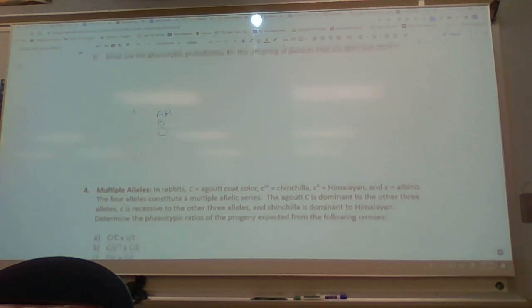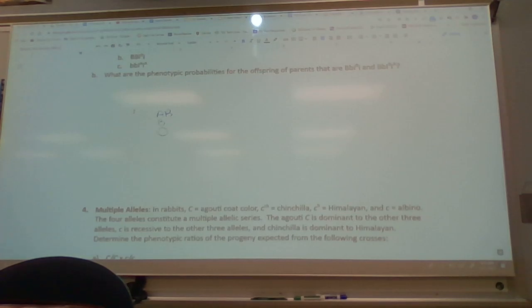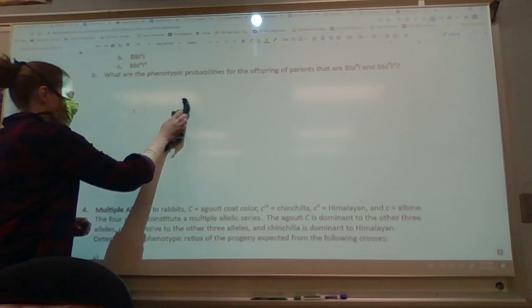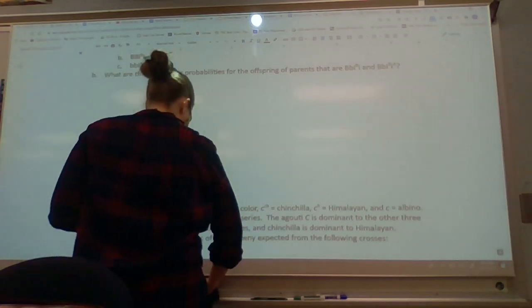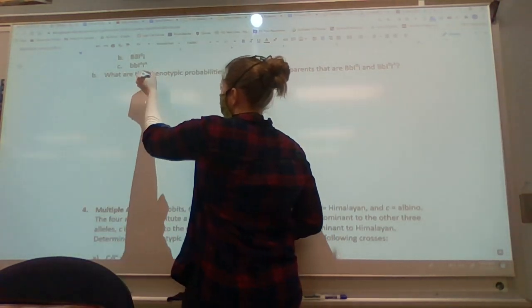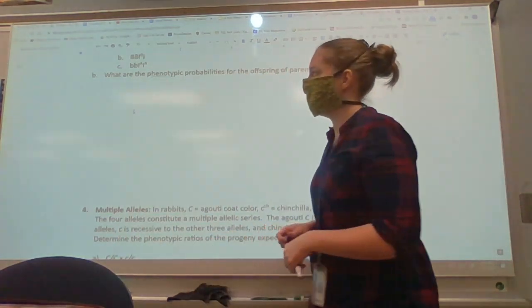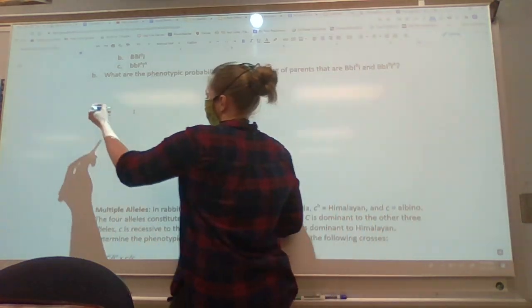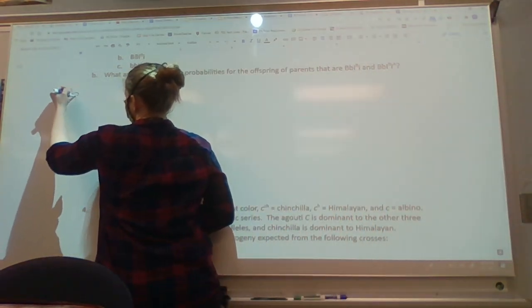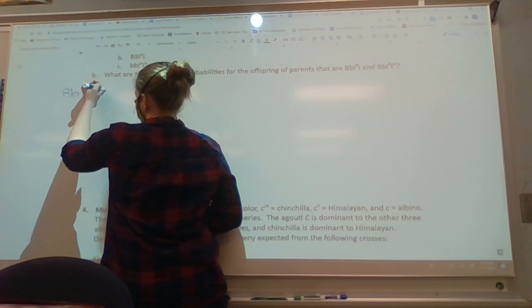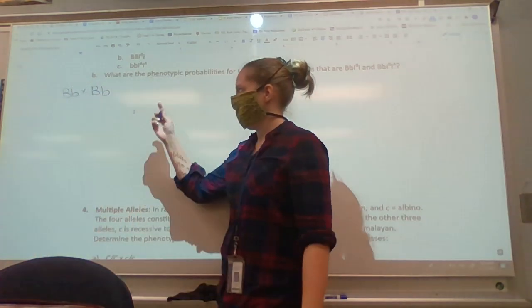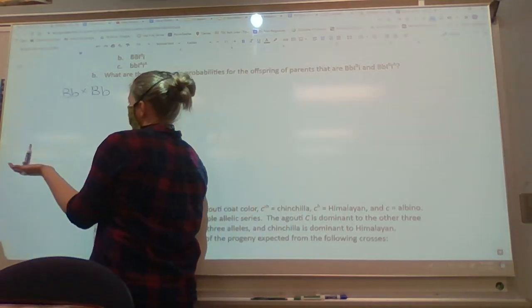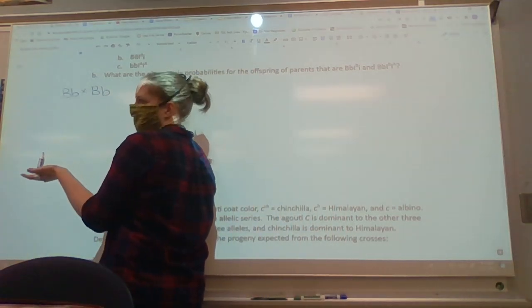Okay, so letter B then, we have to find some phenotypic probabilities for a cross between two parents. It really makes the problem a lot easier if we focus strictly on phenotype ratios. So if I'm thinking about a forked-line diagram, right, and I'm thinking about each trait individually, if I have individuals that are heterozygous for the antigen-making allele in the first place, what's my phenotypic ratio going to end up being?